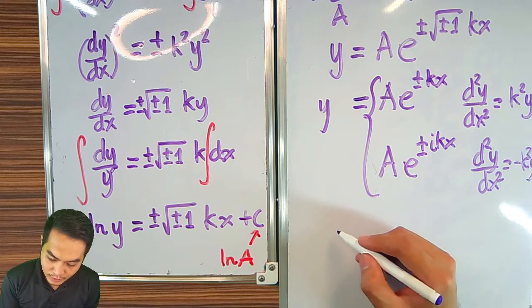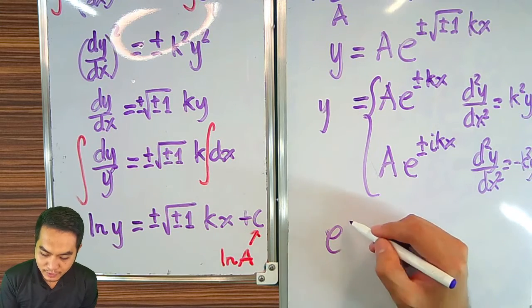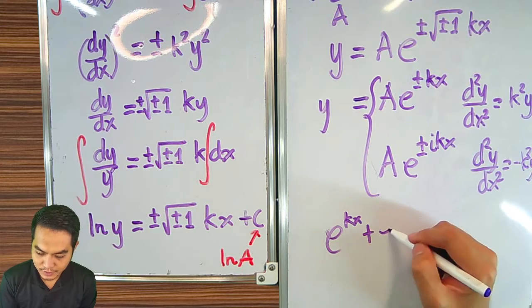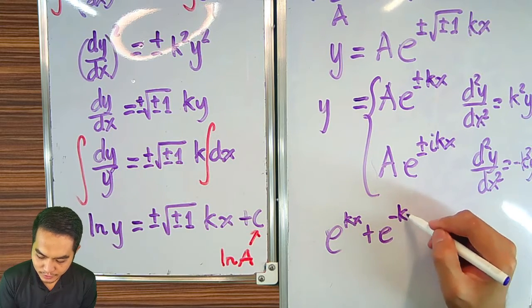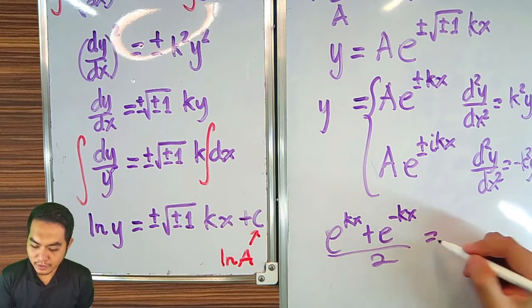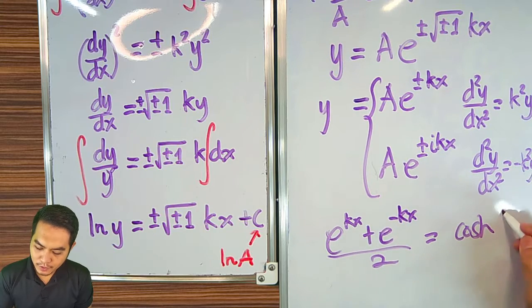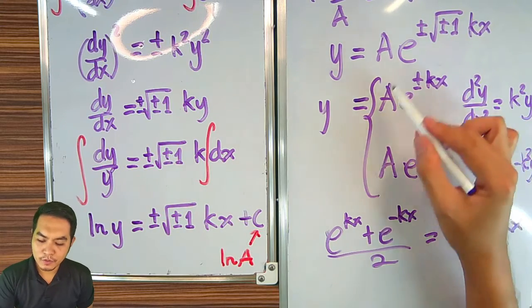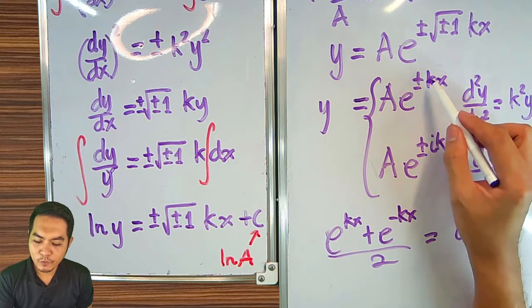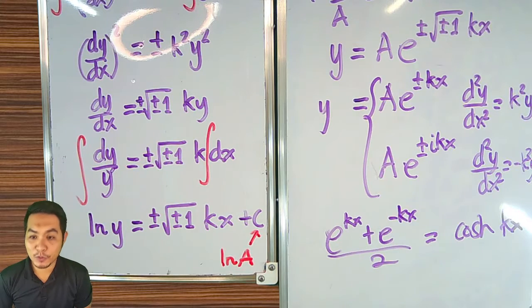Now you can actually combine e to the kx plus e to the negative kx over 2 to get hyperbolic cosine kx. So you can combine the e to the kx and e to the negative kx solutions to form hyperbolic cosines.